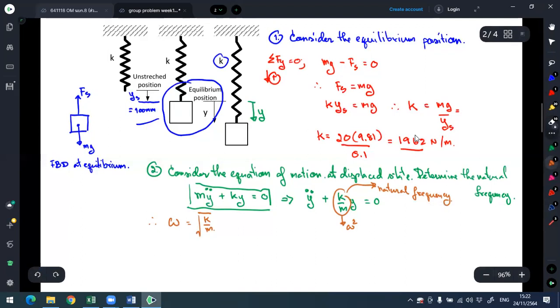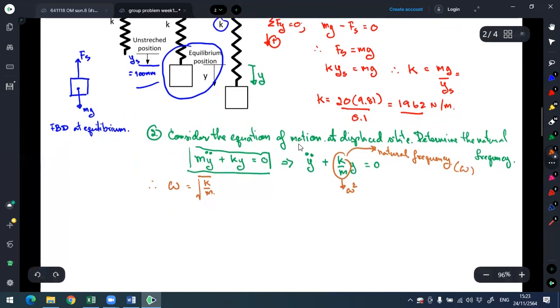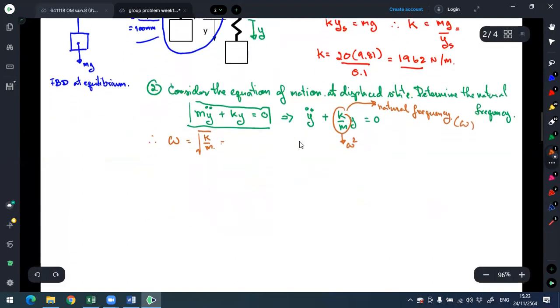For this case, omega becomes the square root of 1962 divided by 20, and it becomes 9.90454 radian per second.